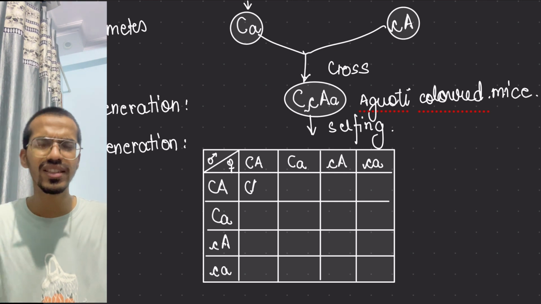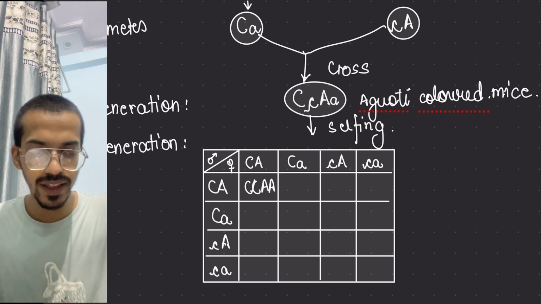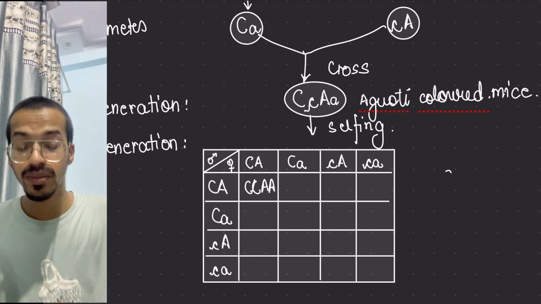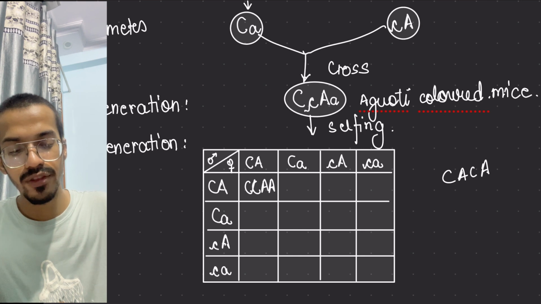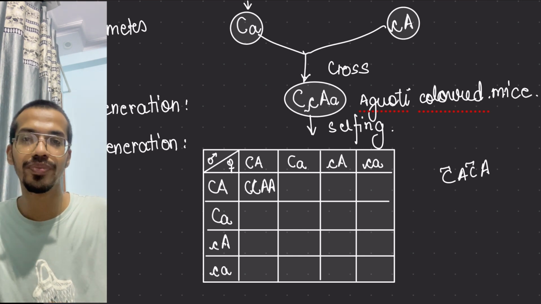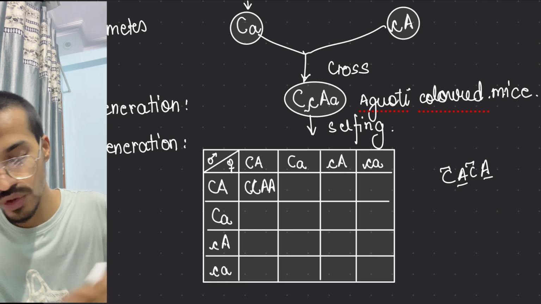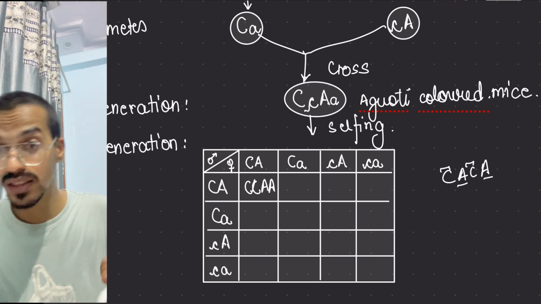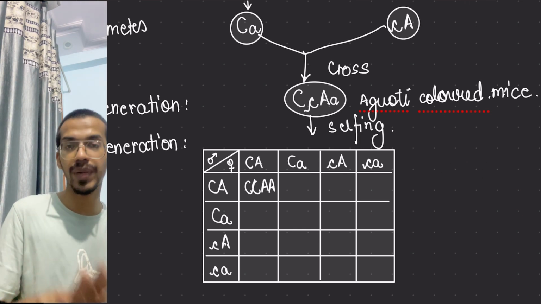Now a lot of you might ask why shouldn't we write it like this? Because beta, when the genes are written, they will be written in a pair form. This doesn't look like a pair form. A lot of students make the mistake of writing like this, but that's the wrong way of writing it. We write it in the paired form.